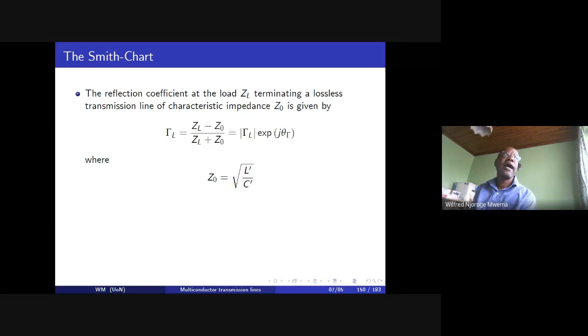Well, in the early days, before the introduction of computer-aided computations, it was a very difficult affair, because most of these quantities we'll be dealing with are complex, and sometimes you are dividing them, sometimes multiplying them, and therefore you would have to be very diligent with your calculator, to change them from polar representation to rectangular representation as you are adding them up, or as you are dividing them.